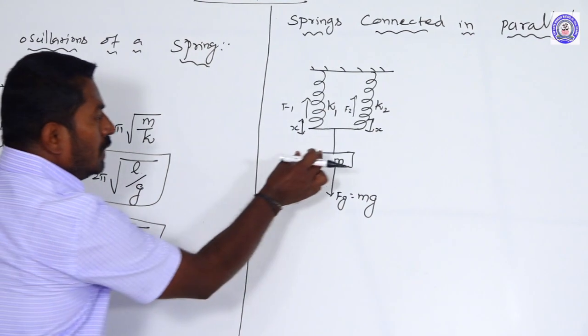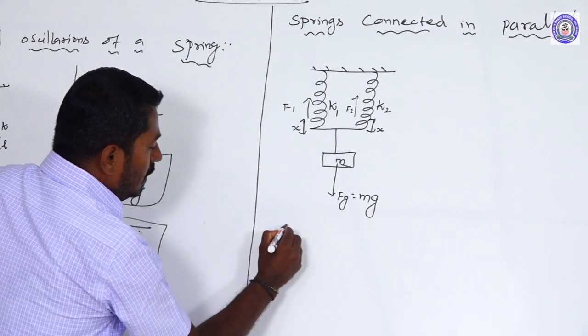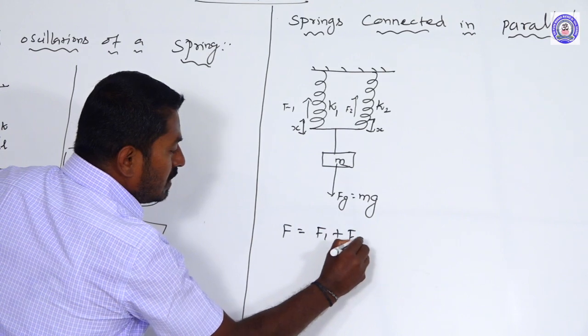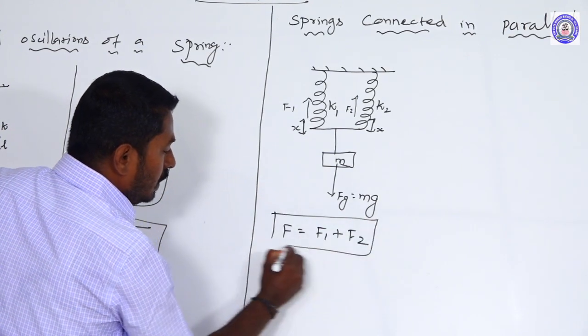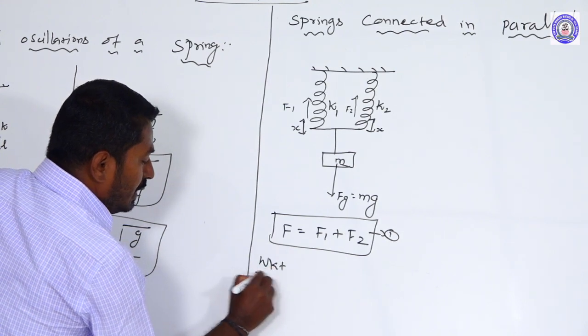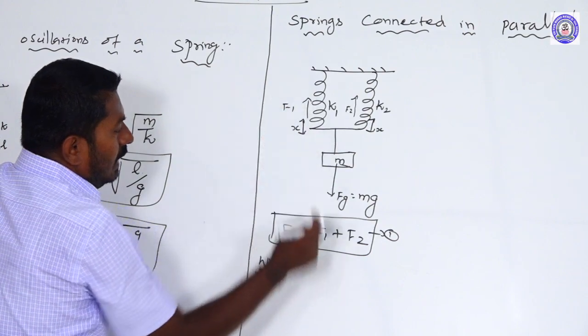Then how is the total restoring force exerted by the combination of springs? The total restoring force F is equal to F1 plus F2. This is equation number 1. We already know that the restoring force exerted by the spring acts vertically upward.